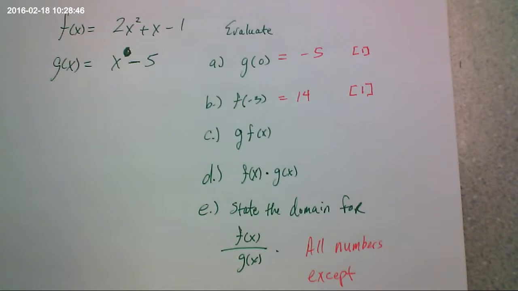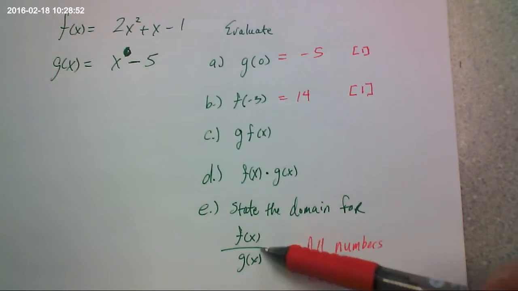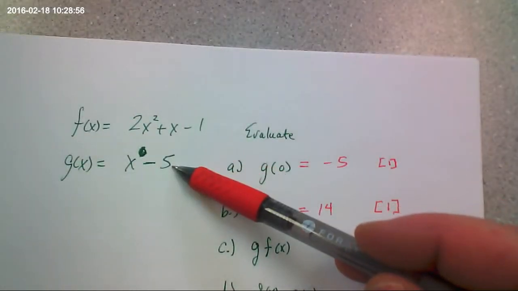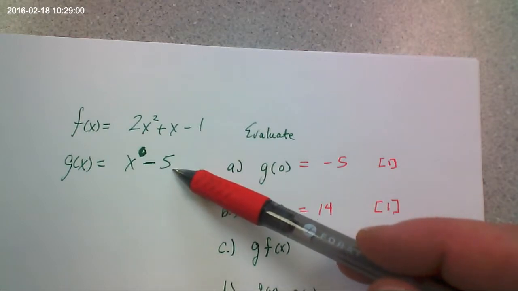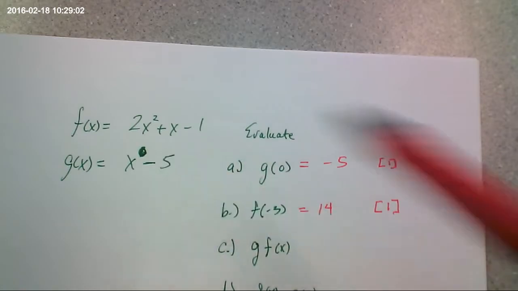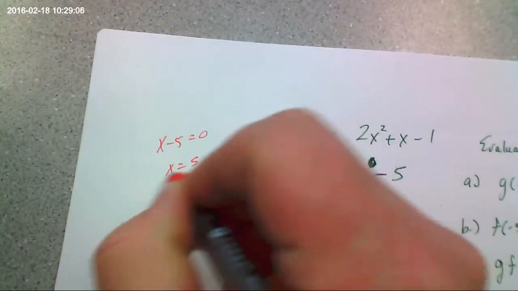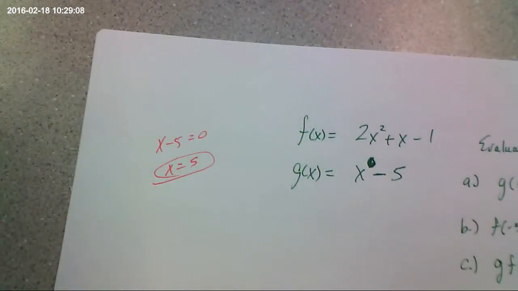Because if you plug in 5 for x, it equals 0. This whole thing would be this divided by that. The number that would make this equal 0 is 5. You could write x minus 5 equals 0 and solve it. That's the number x cannot be.